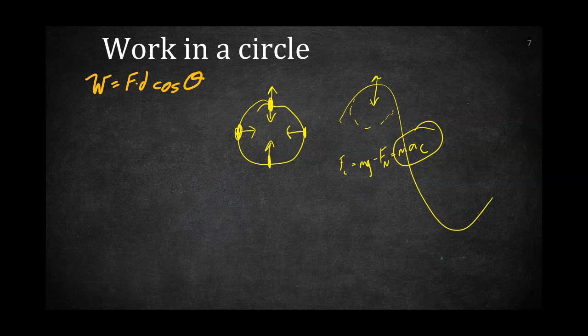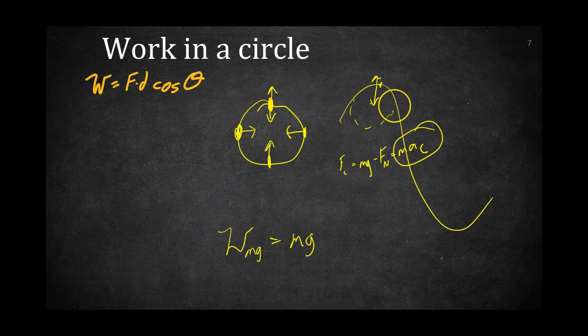We would analyze each of these forces to figure out the work done. If we wanted to find the work done by the weight force, it will be mg times the displacement times cosine of the angle between the two. For a roller coaster, our very next point of motion is going to be lower than where we were.